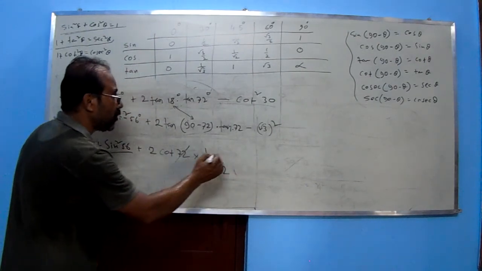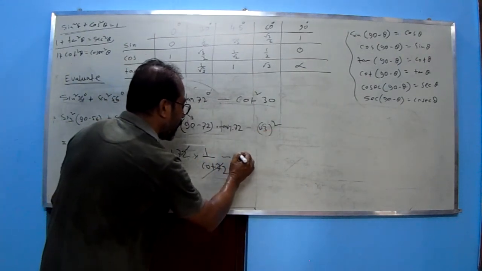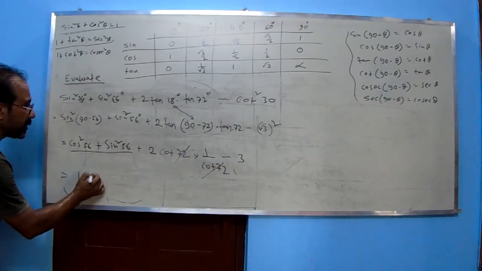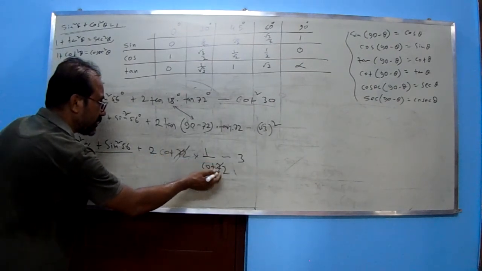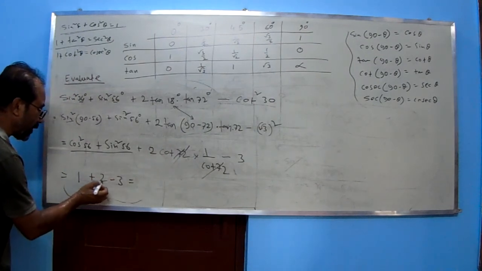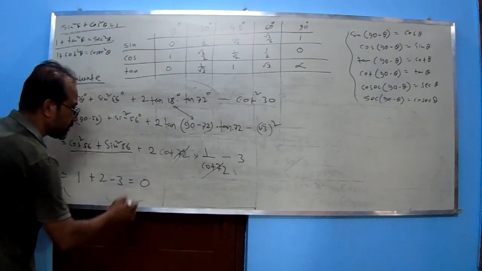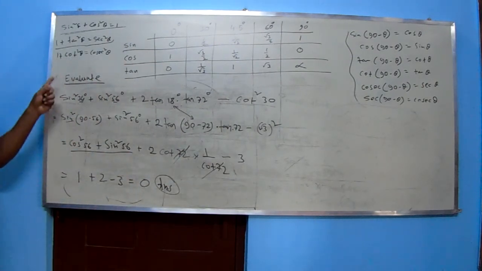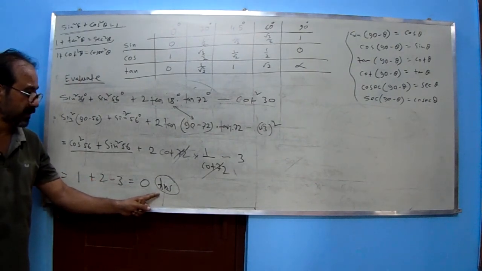So cot 72 is gone. Root 3 square means it is 3. So sine square theta plus cos square theta is 1, plus 2, minus 3. So 1 plus 2 means 3, minus 3 it is 0. That is the answer. So the evaluation is giving me the result of 0.